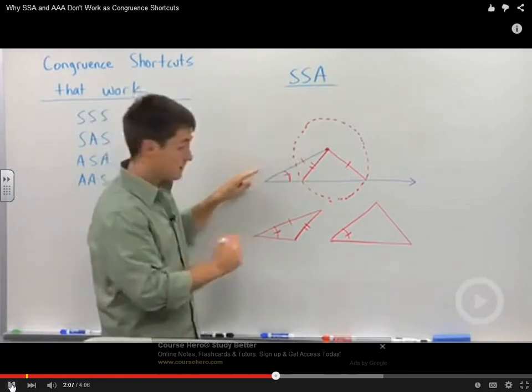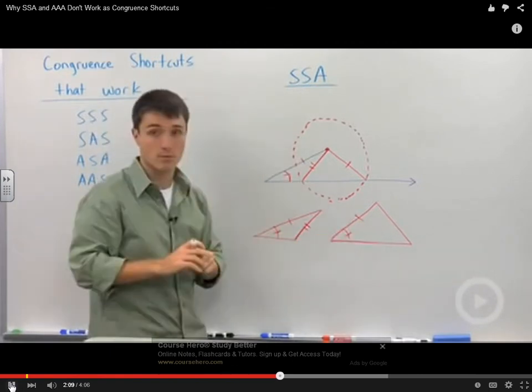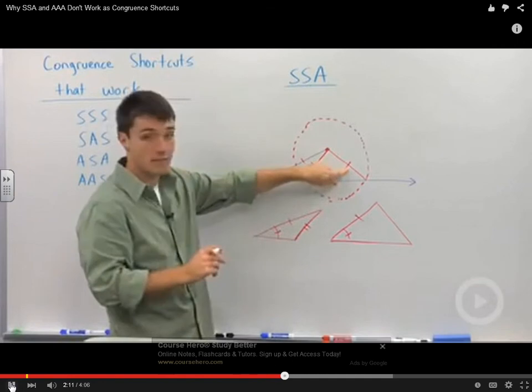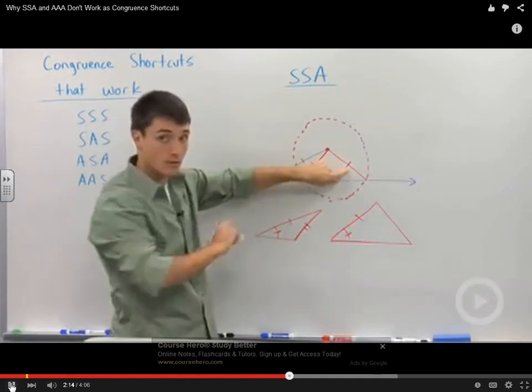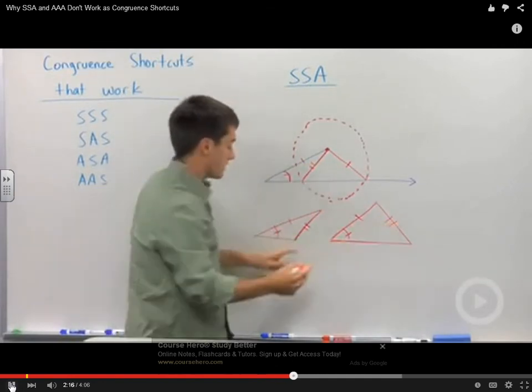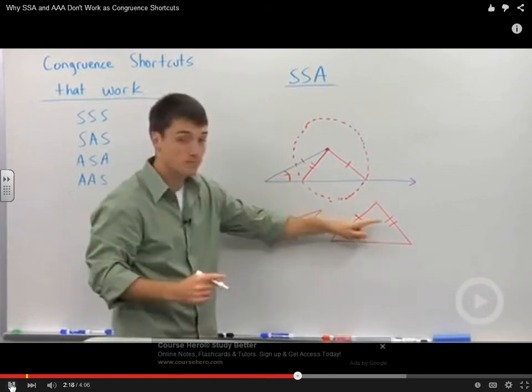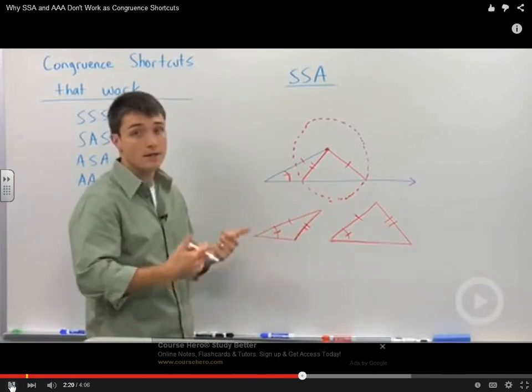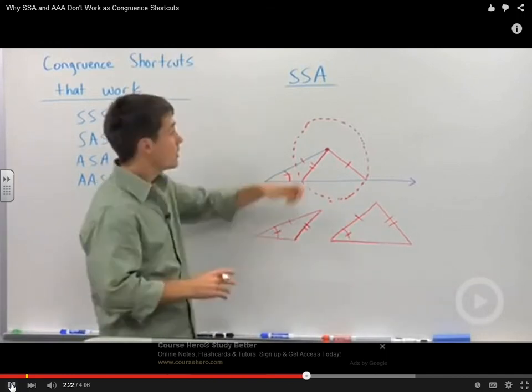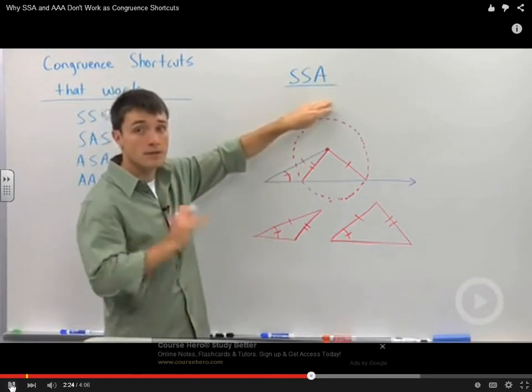This side was fixed, so these 2 sides must be congruent. And this third side, because it's a radius of this circle, this side must also be congruent. But notice we've created 2 triangles that are not necessarily congruent, which is why side, side, angle is not a shortcut.